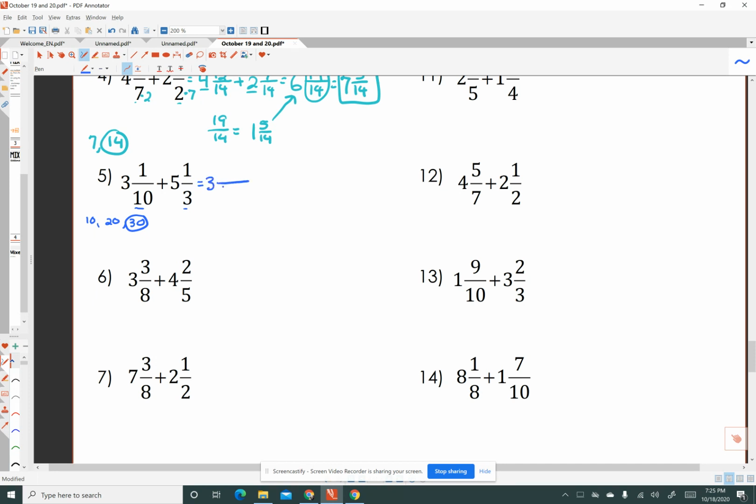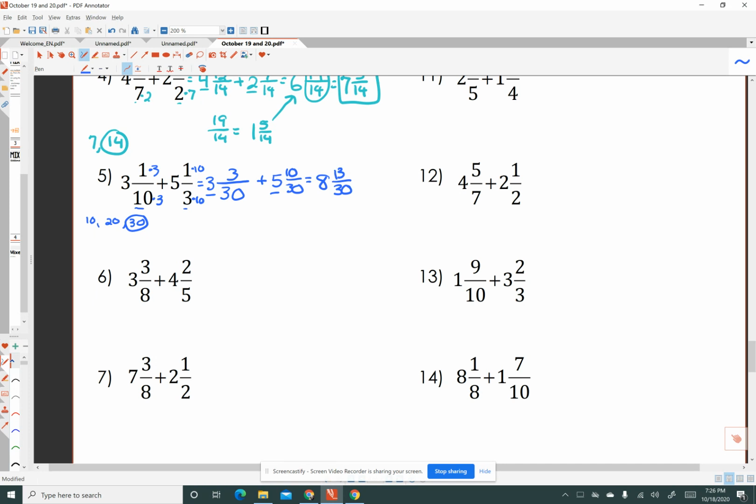So we will have 3 with a denominator of 30 plus 5 with a denominator of 30. 10 times 3 is 30. 1 times 3 is 3. 3 times 10 is 30. 1 times 10 is 10. 3 plus 5 equals 8. Again, we have a denominator of 30. 10 plus 3 is 13.